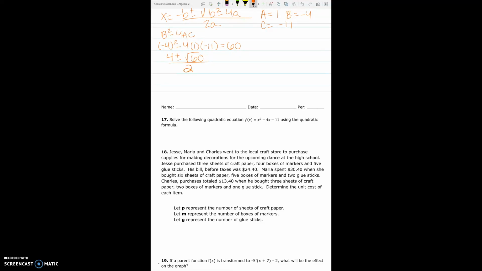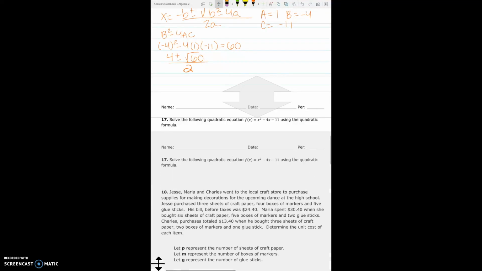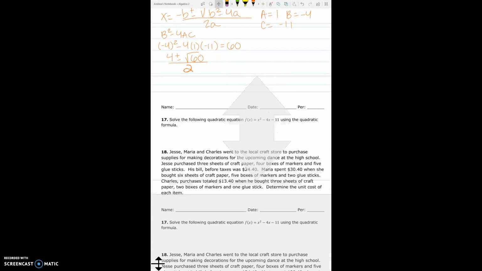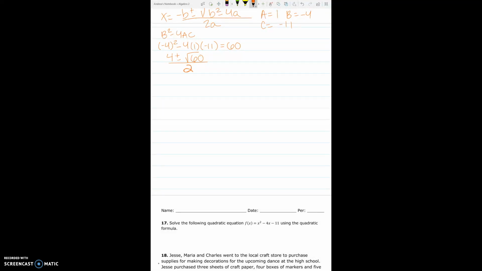All right, the square root of 60, I can definitely simplify that, so let's go ahead and do that. The square root of 60 is broken down to 4 times 15. And I know the square root of 4 is 2, so this is 2 square root of 15.